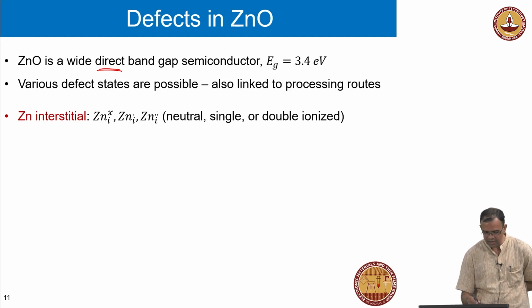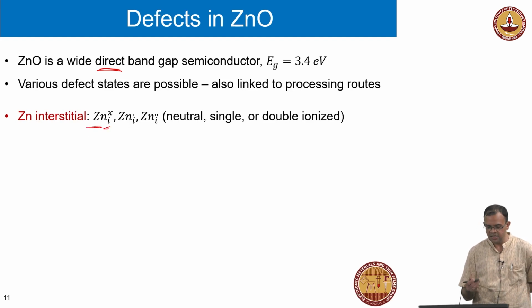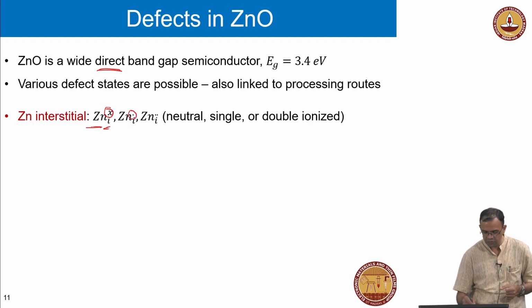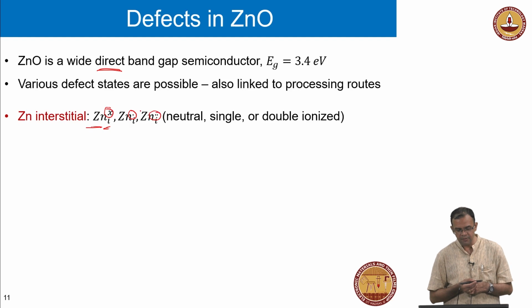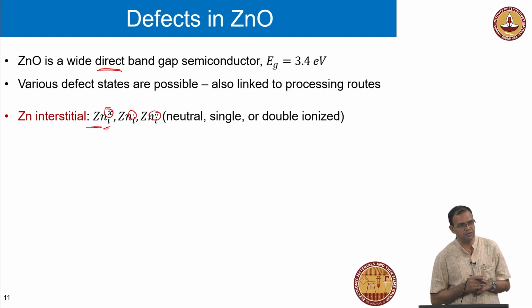We normally write that as Zn subscript i, where i represents the interstitial position. This interstitial can be neutral, so x represents neutral. I can have one electron removed, so I have Zn with a dot representing the positive charge, or I can have two electrons removed, so I have a doubly ionized interstitial with two positive charges. That is nothing but the Kroger-Vink notation.